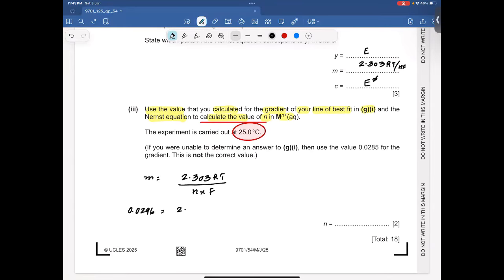equals 2.303. R is the universal gas constant. Its value is fixed, 8.31. This value is given at the end of this paper, in the data table. Temperature is 25 degrees Celsius. I have to convert it into Kelvin. So 25 plus 273 is going to be 298 Kelvin. Divided by nF, we need to find out the value of n, and the value of the Faraday constant is fixed, which is 96500.